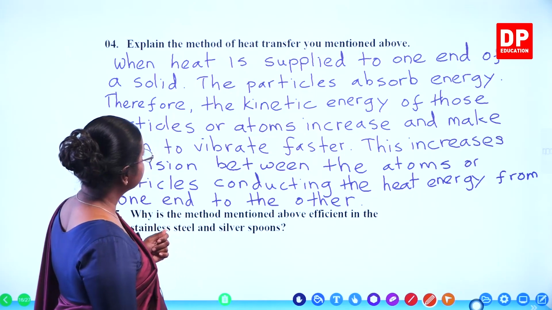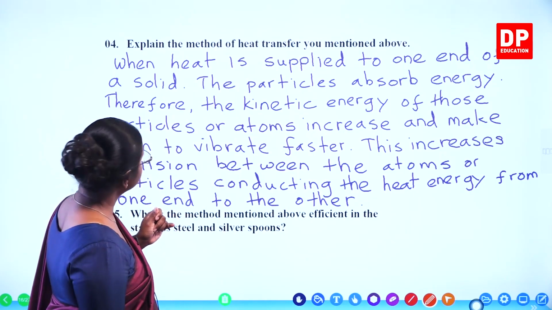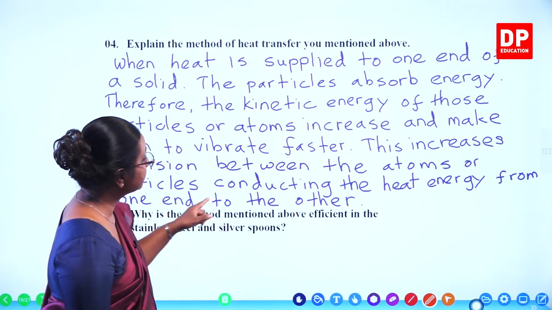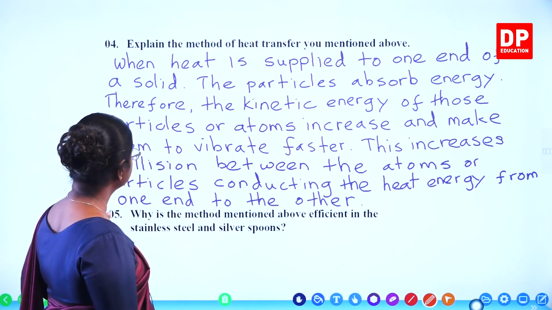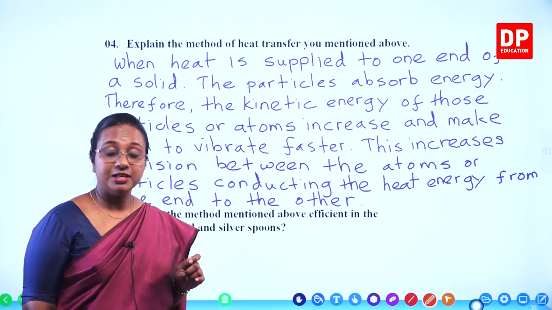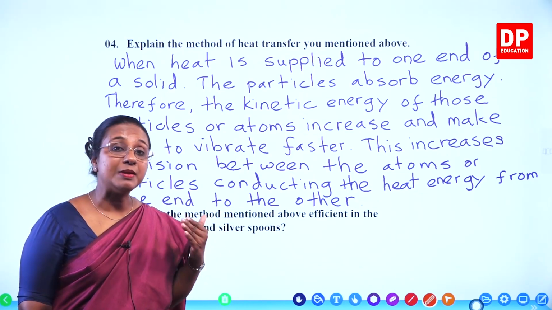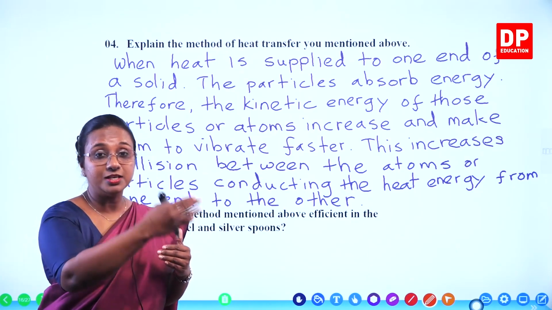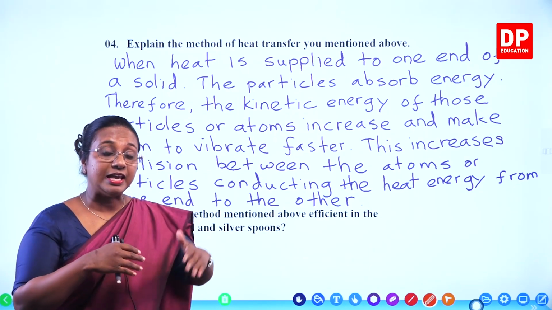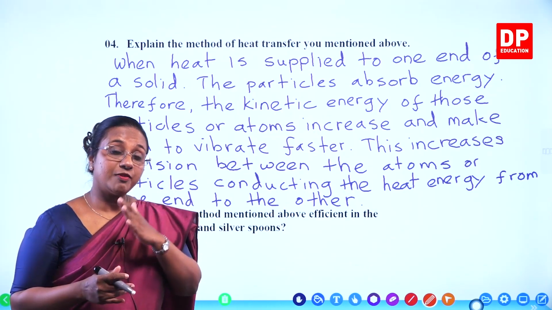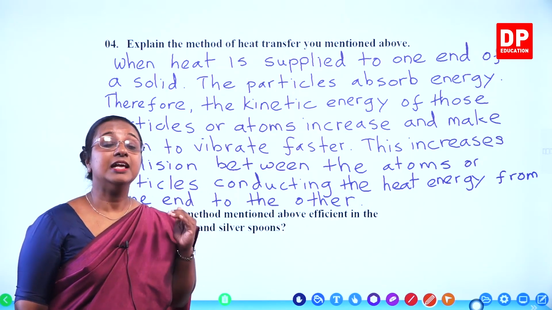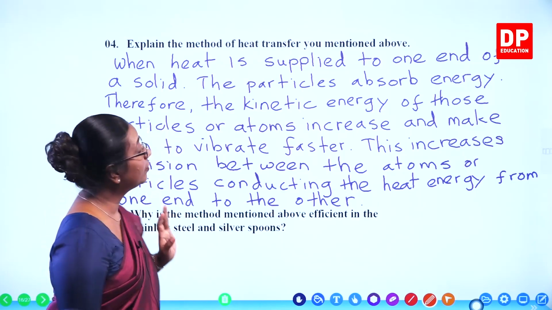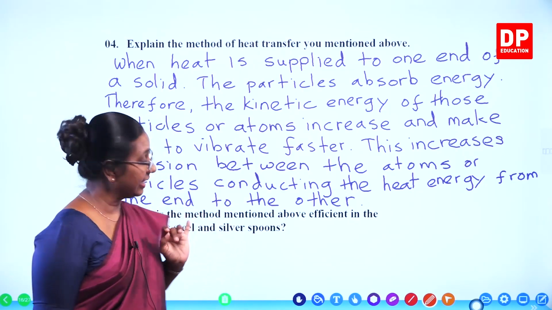Then you can see this increases the collision between the atoms or particles, conducting the heat energy from one end to the other. So, when particles vibrate and collide with each other, heat is transferred from one particle to the other. In that way, heat is transferred from one end to the other end. That is what we call conduction of heat. So, I am sure you were able to explain this clearly.